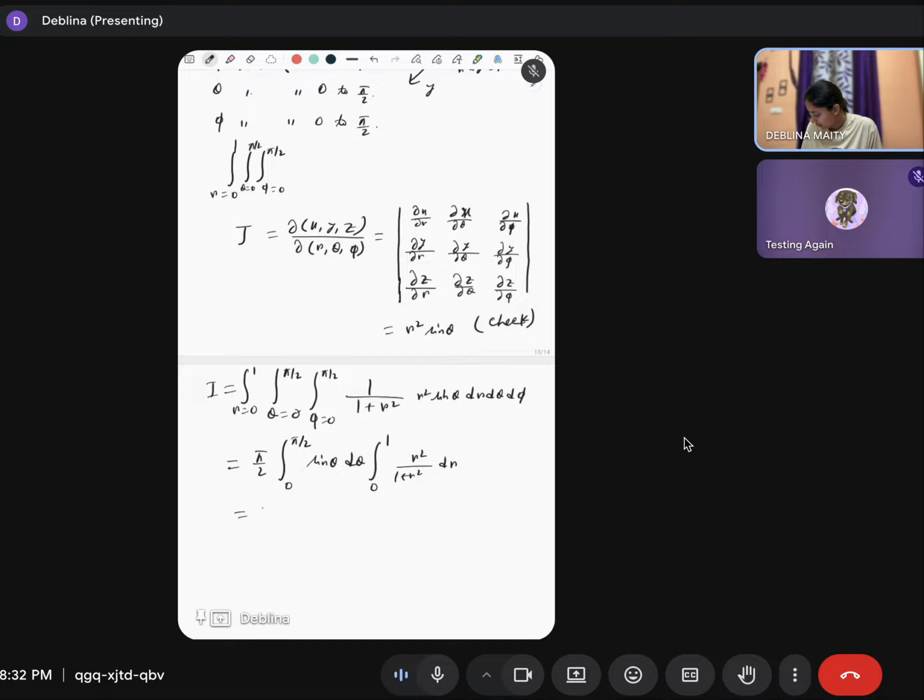So this value will be, and this is r minus tan inverse r. So you can write it as 1 minus 1 by 1 plus r square, right?